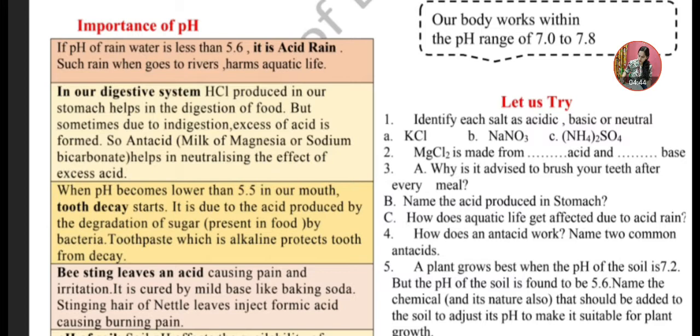Students, when the pH of our mouth becomes lower than 5.5, then our teeth start decaying, start getting damaged. Why? Because we eat food and food contains sugar. This sugar is degraded by the bacteria of the mouth and produces acid. The pH becomes 5.5, it means acidic.